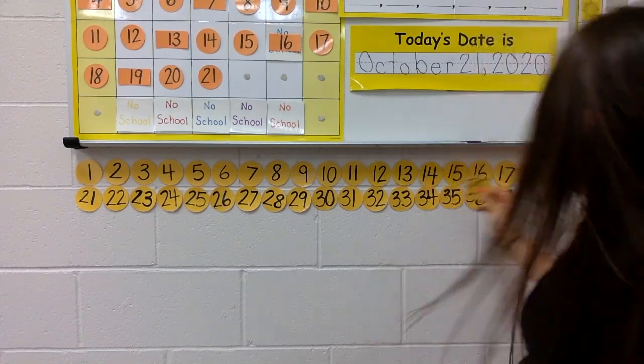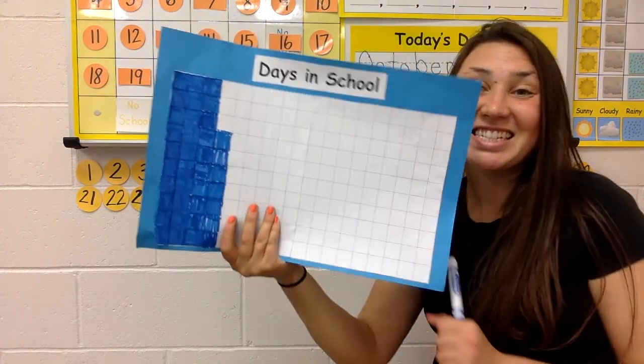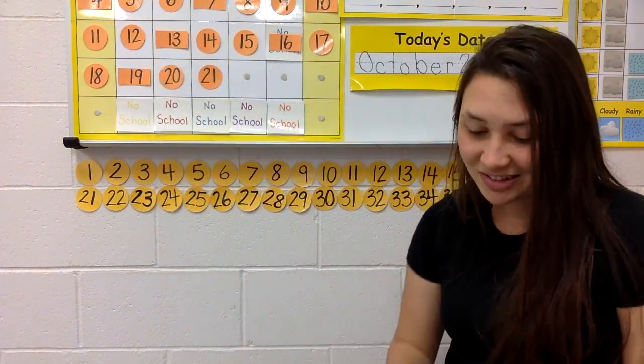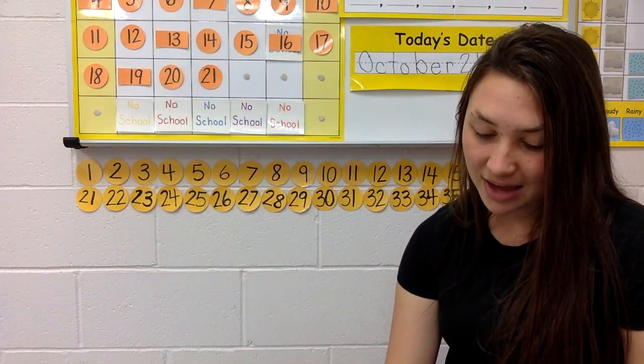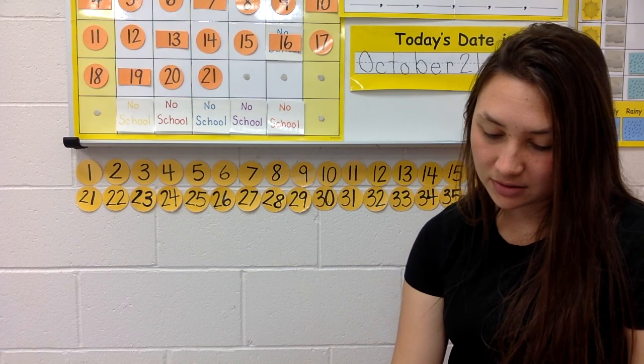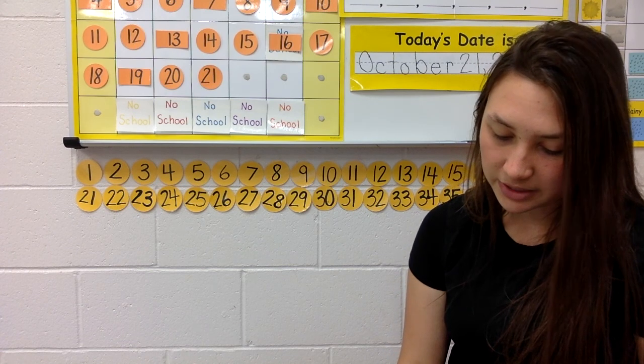And a 38 is made up of 3 and an 8. 3, 8. All right. I will color in our days in school chart for us. The 38th day of online school. Whew. Congratulations. It's a lot of days.